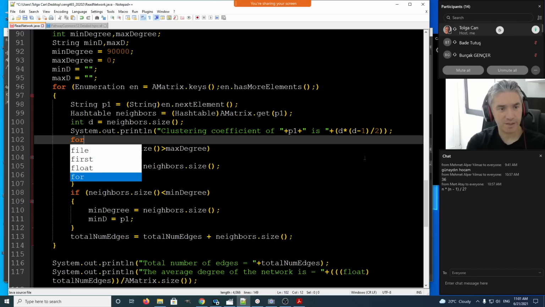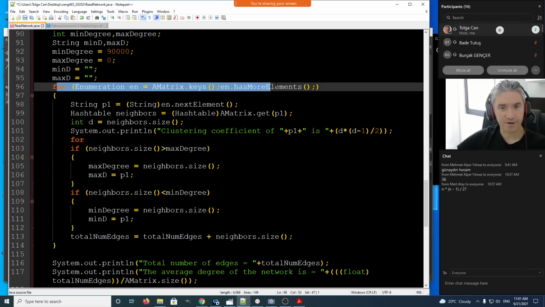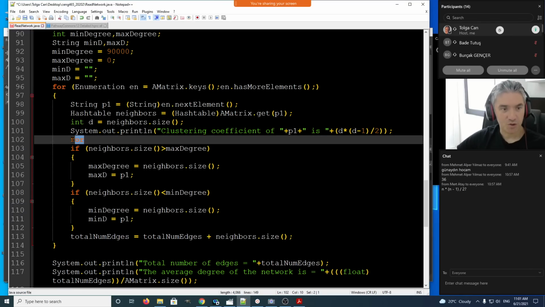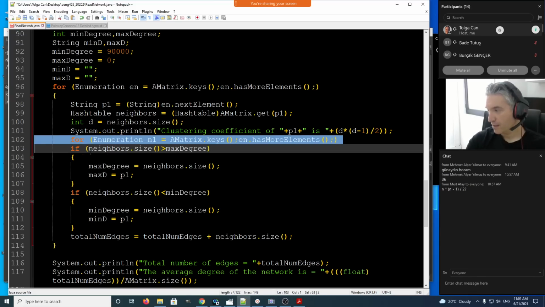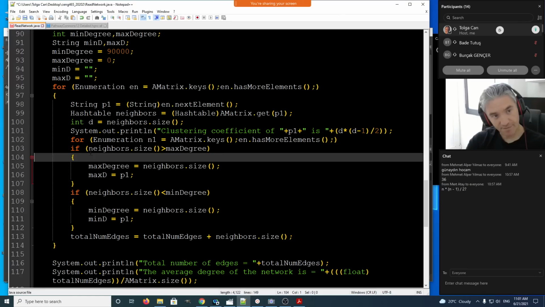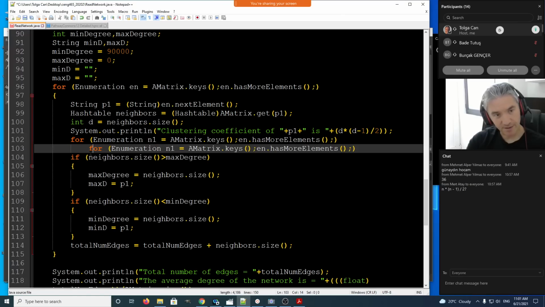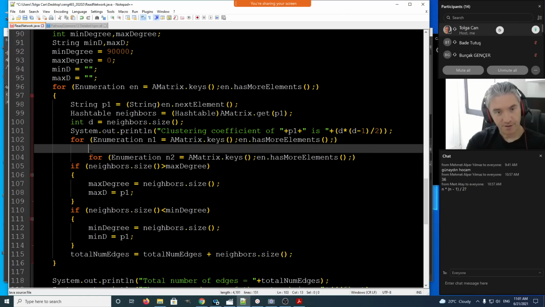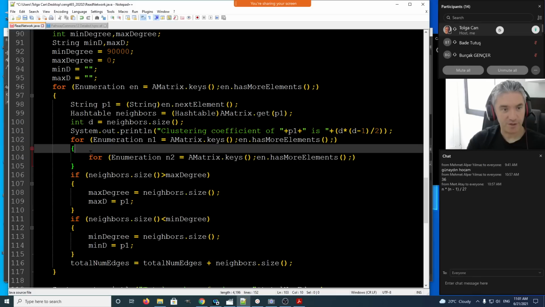I need to have another enumeration here to go over my neighbors, and I need to have a double for loop like this here.